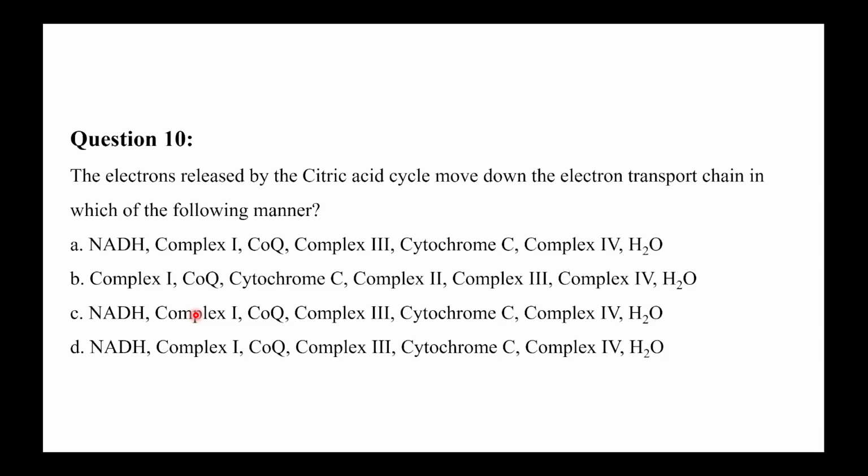Option B is complex 1, coenzyme Q, cytochrome C, complex 2, complex 3, complex 4, and then H2O. Option C is NADH, then complex 1, coenzyme Q, complex 3, cytochrome C, complex 4, and then H2O. And option D is NADH, complex 1, coenzyme Q, complex 3, cytochrome C, complex 4, and then H2O. Okay, C and D seem to be the same option.